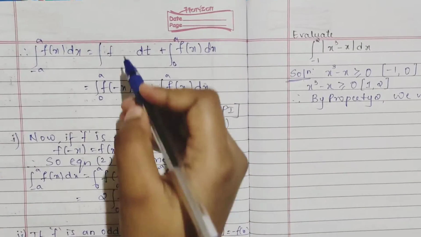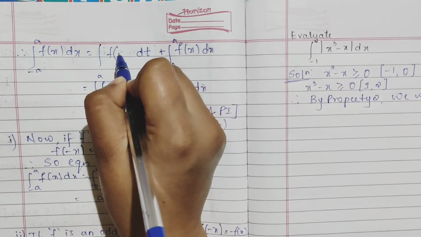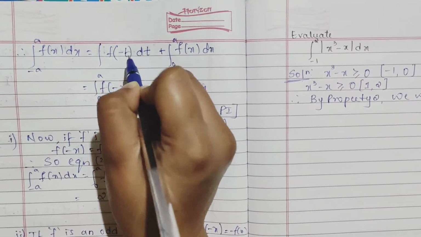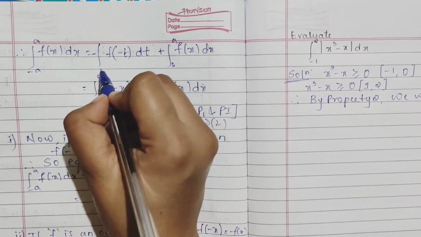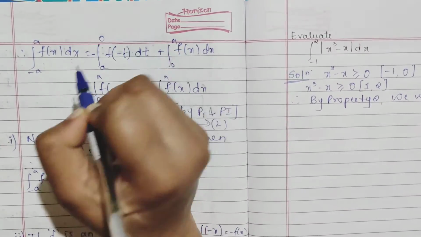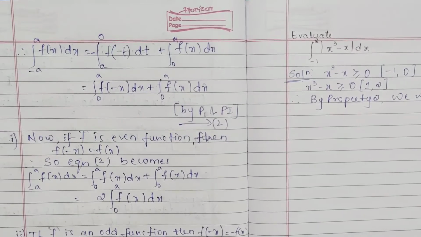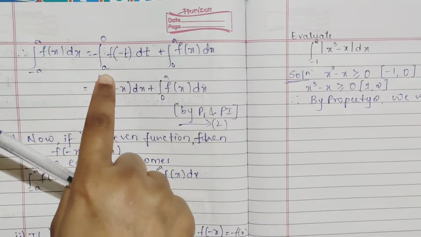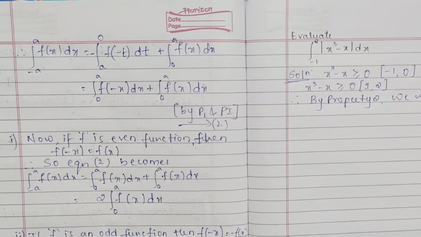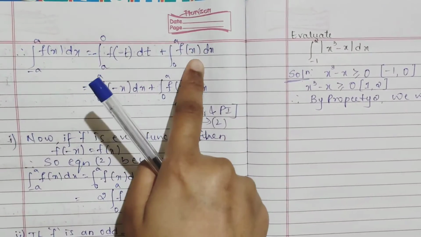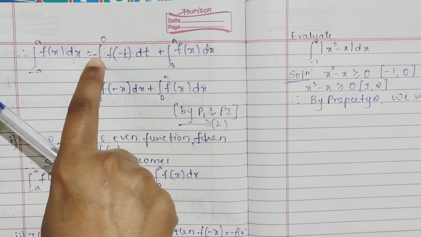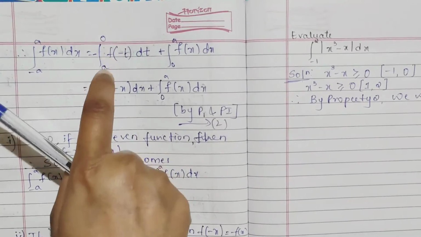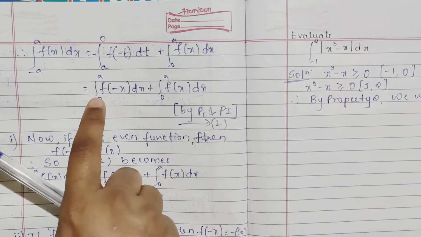So x we had taken as minus t and dx was minus dt, and your limits changed from a to 0, right? When it was minus a, it was a, when it was 0, it was 0, and 0 to a f of x, second integral was as it is. Now here again it is negative, so we want to make it positive, so we change the limits, that is from 0 to a it becomes.